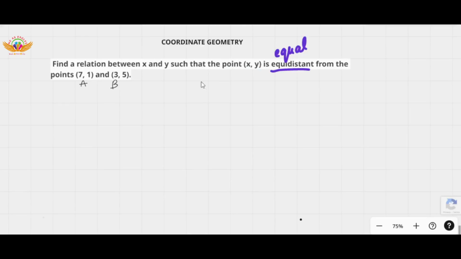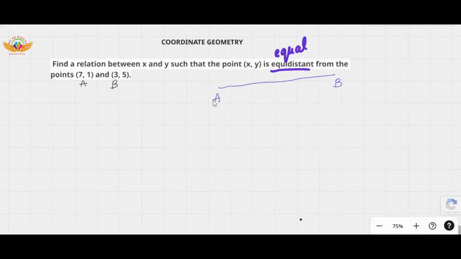So how to draw this? See, coordinate geometry is all about the line segment. For example, this is A and this is B. It's all about how the line segment is divided, in which ratio, what points. The whole chapter is based on this only.